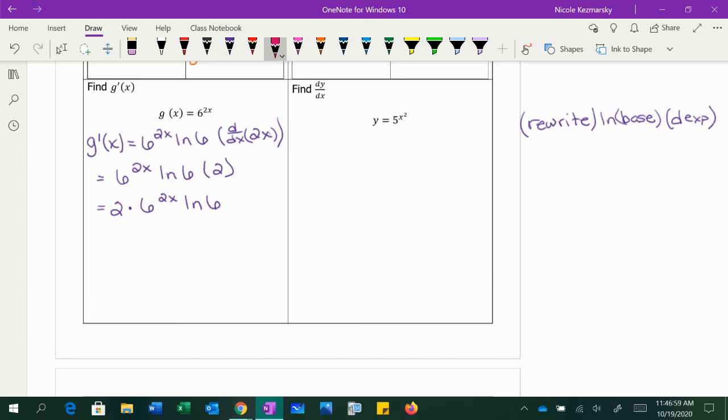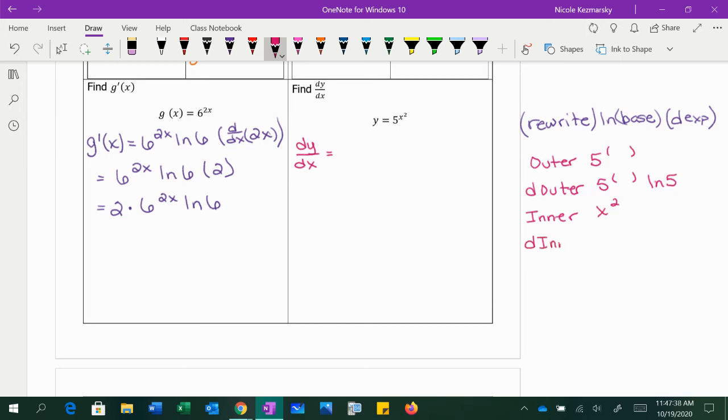So same thing is going to happen with the next example. We're going to say dy dx. And we could do this with inner, outer, dinner, doubter. Like if we wanted to, I could say outer is 5 to the something. Derivative of the outer is my exponential derivative. So 5 to the something, natural log of 5. Apologies for my dog. And then the inner is x squared.